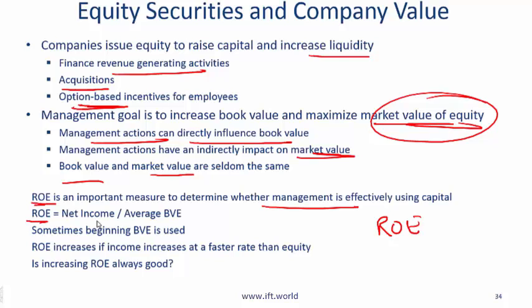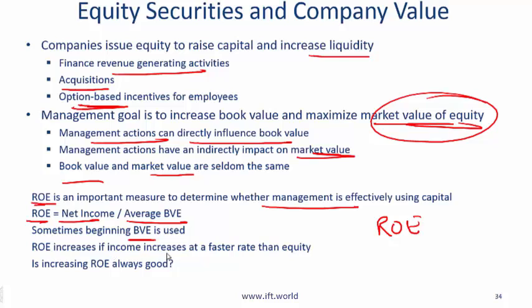Generally, ROE is measured as net income over average book value, but depending on the context, sometimes we also use the beginning book value of equity. You need to look at the question and figure out what is being done. If you are not sure and you are given beginning equity value and end equity value, then use the average.